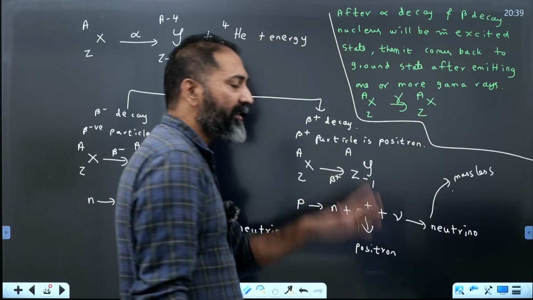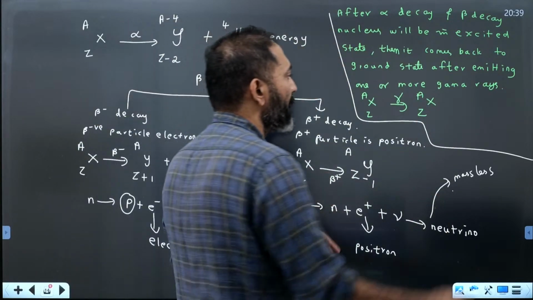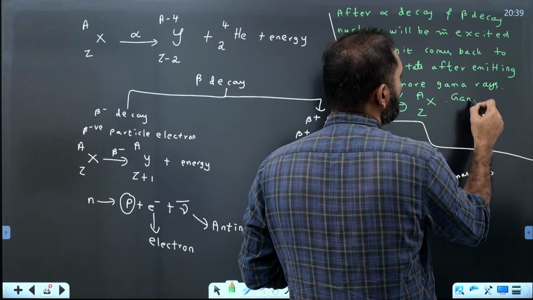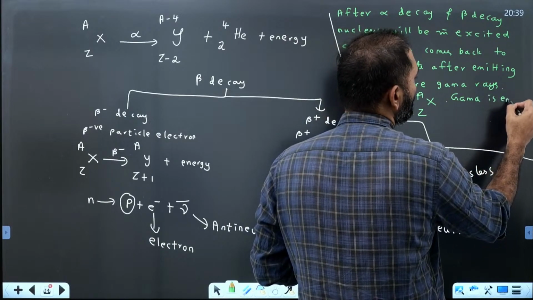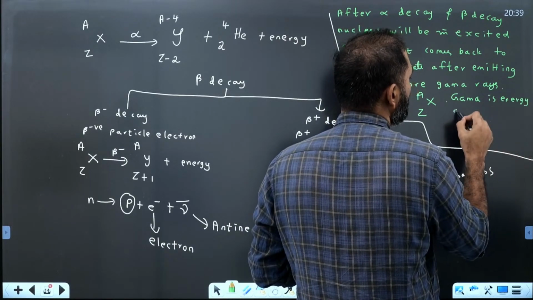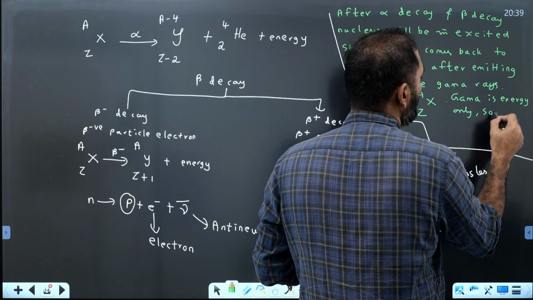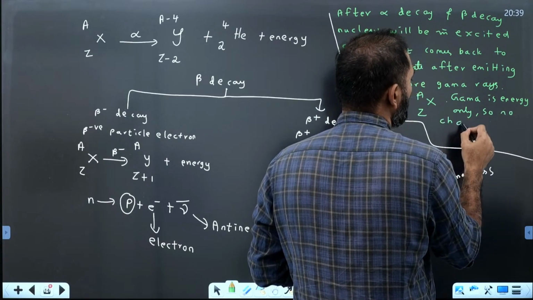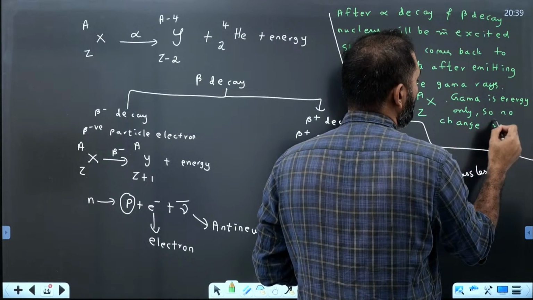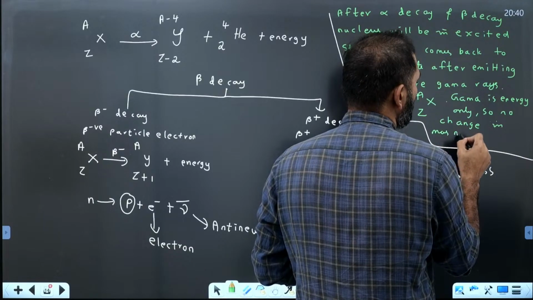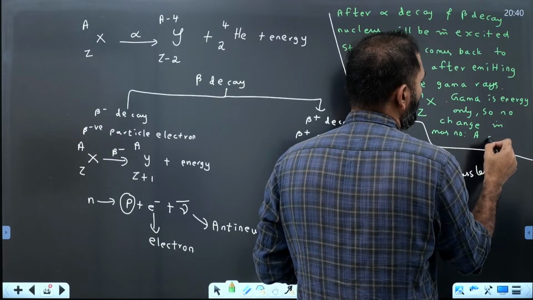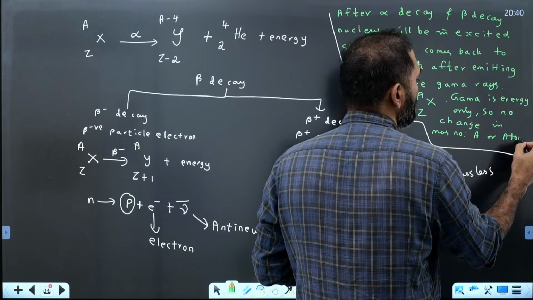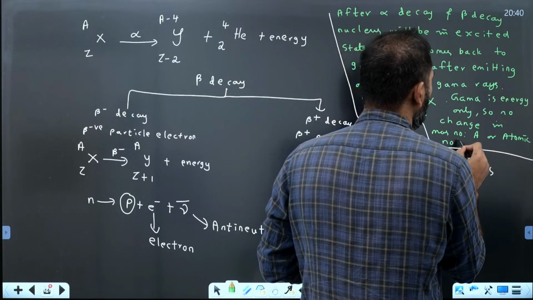There is no change in atomic number and mass number. Gamma is energy only, so no change in mass number or atomic number.